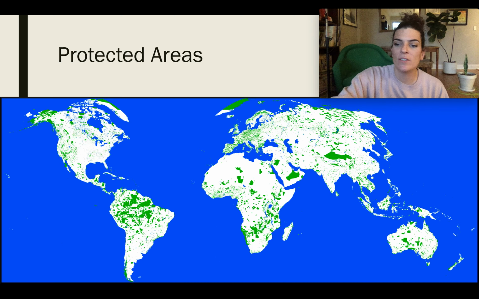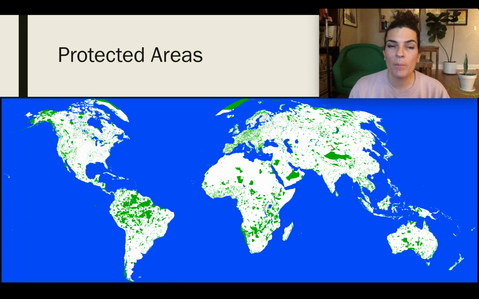And if we flip to the next slide here and we look at where regions of the globe are protected by government decree, so national parks or parkland or protected areas, you can see that there are a fair amount of them. I think 30% of all the land, or 10, I can't remember the exact number, 10 to 30%, somewhere in that range, of all the land on Earth is protected by various governments.